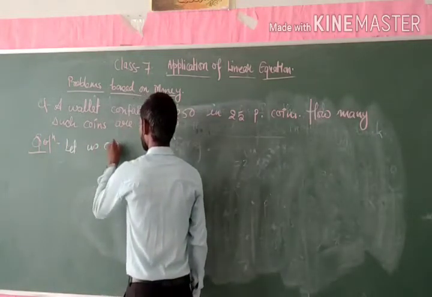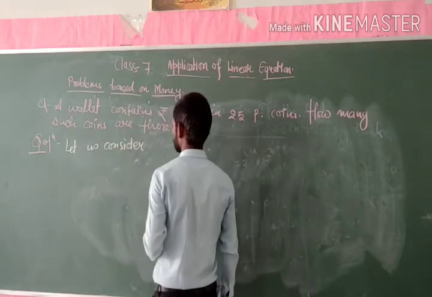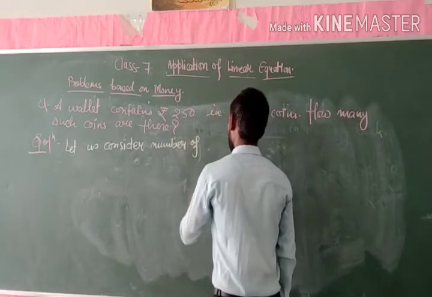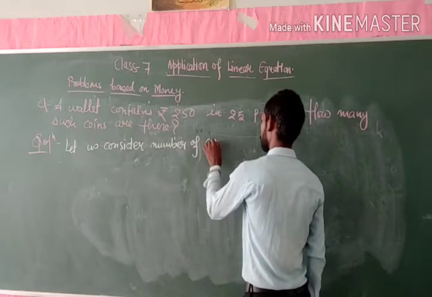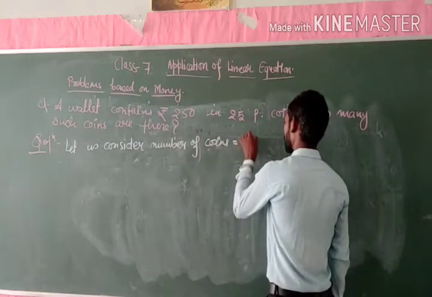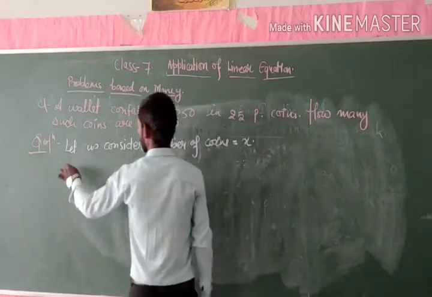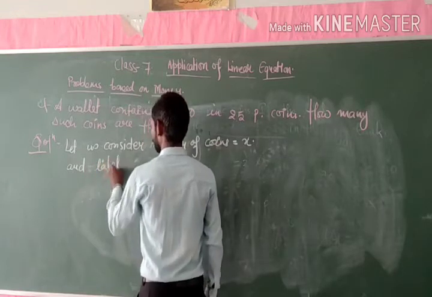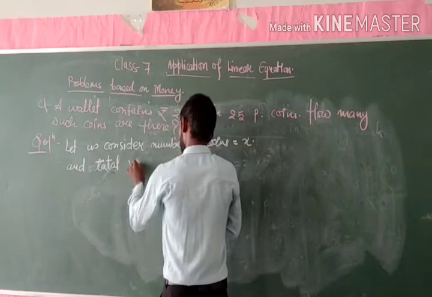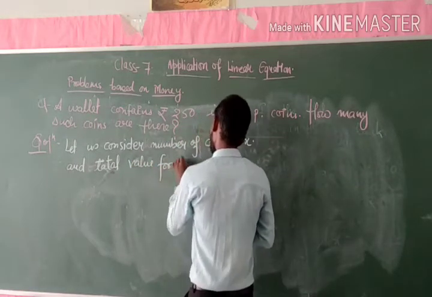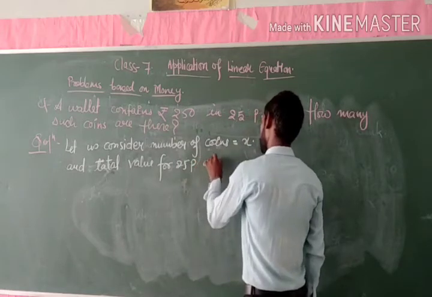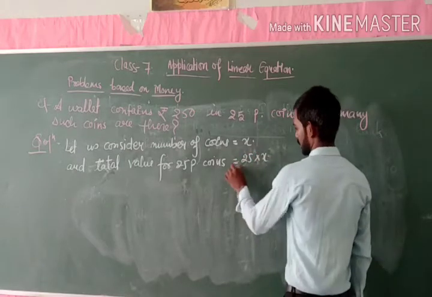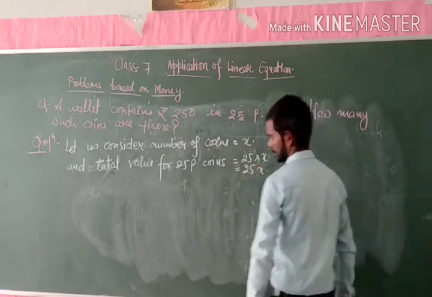Let us consider the number of coins is equal to x, and the total value for 25 paise coins is equal to 25 multiplied by x, and this is equal to 25x.